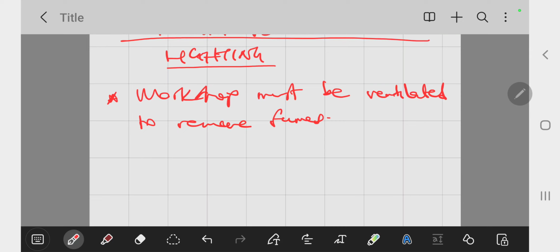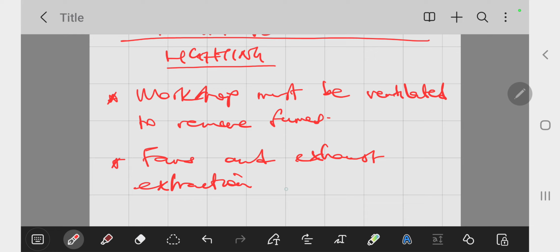In a workshop, you don't just need a window or a door. Sometimes you might need other forms of mechanical ventilation. You can have an air vent, you can have air cones, stuff like that. You need to know that fans and exhaust extraction are used for this purpose.